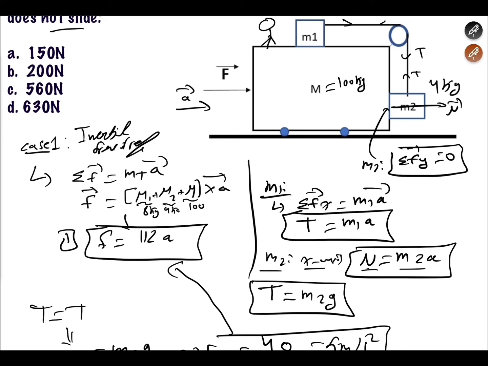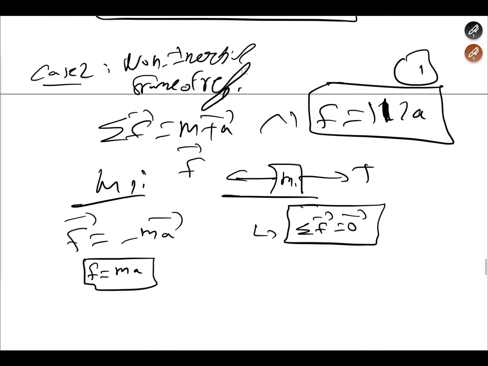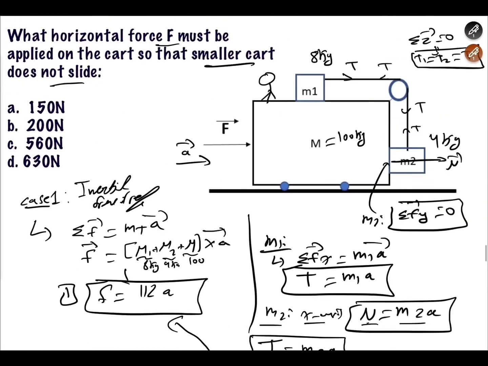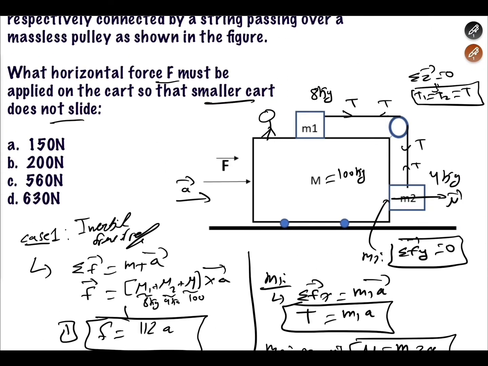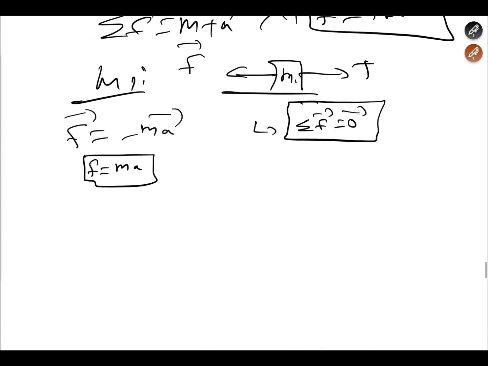Because in case 1, we are observing the motion from the perspective of the observer standing in the inertial frame of reference. But here we are observing the motion from the accelerated frame of reference. He is observing whether M1 is moving or not. Since it's not moving with respect to the accelerated frame of reference, then summation of forces equal to 0.